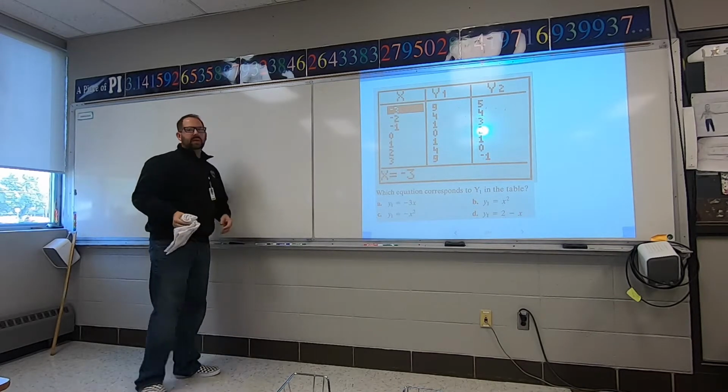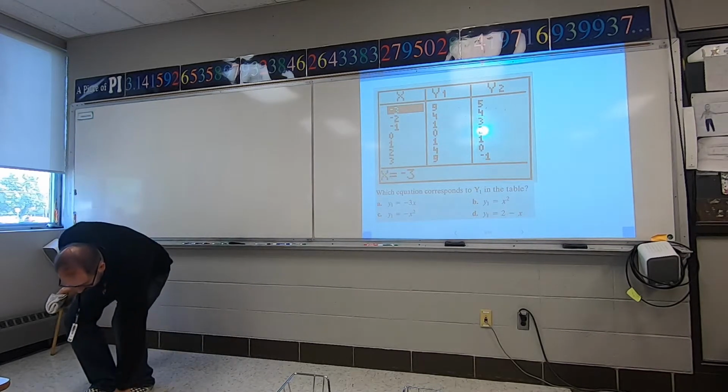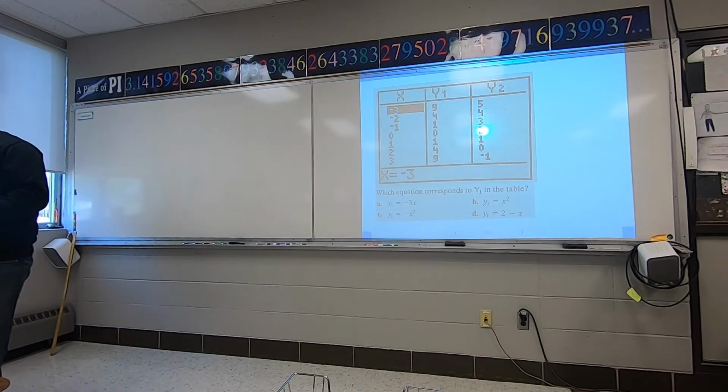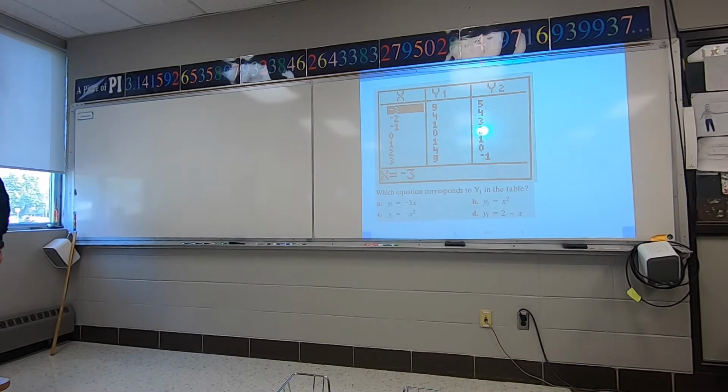Now I want you to come up with the equation for y1. I want to know what equation it is. Is it A, B, C, or D? Don't yell it out. Write down and lock in your vote. What you think it is. You're trying to figure out which equation would represent the data for y1.